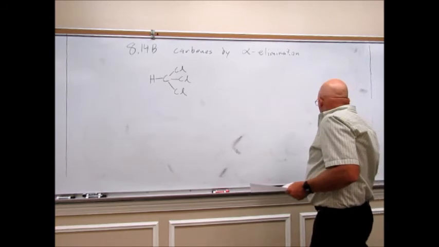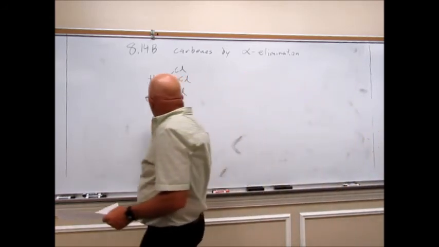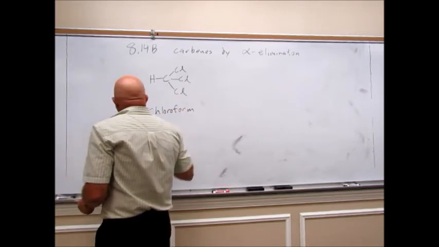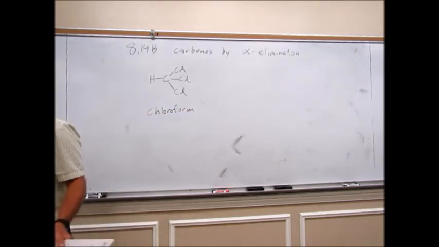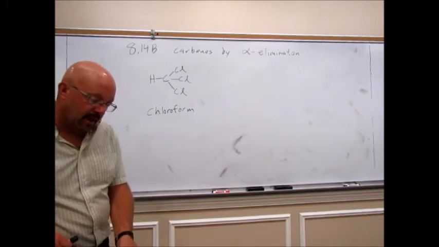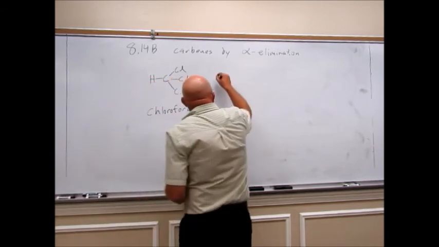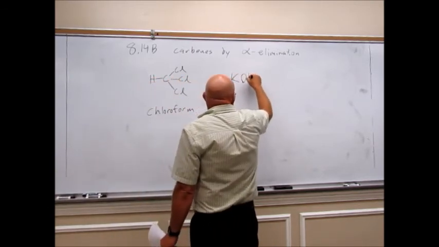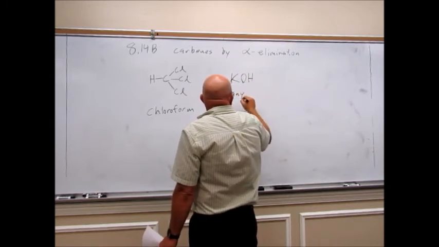Common name for this is chloroform. You've all heard of chloroform. That's the common name. IUPAC would be trichloromethane. If we take chloroform and react with a strong base, any strong base, I'll use potassium hydroxide, but any strong base will work.